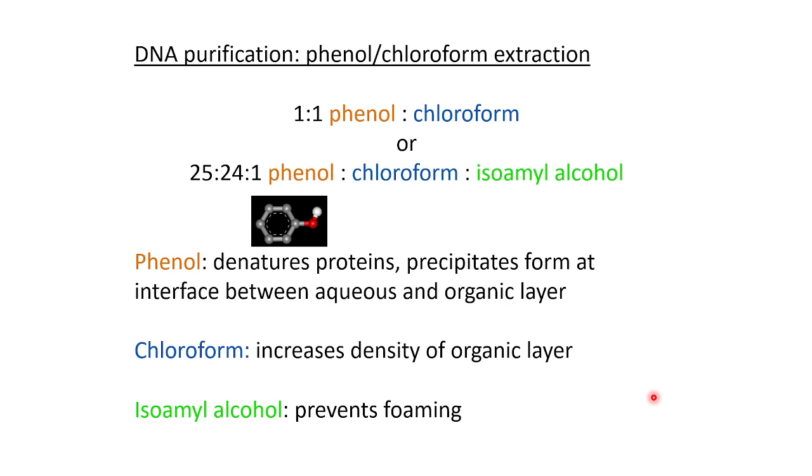So for DNA purification, you have the phenol-chloroform extraction as well. A 1:1 ratio of phenol and chloroform is used, or a ratio of phenol, chloroform and isoamyl alcohol.